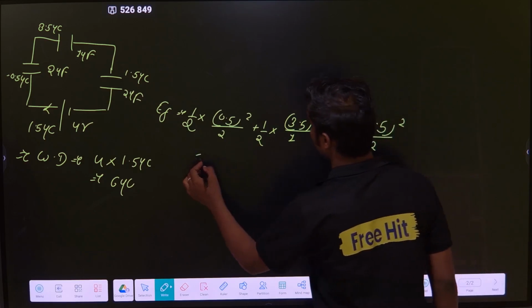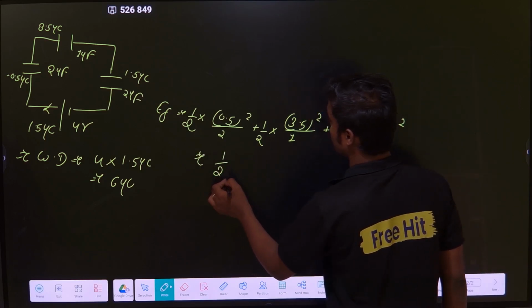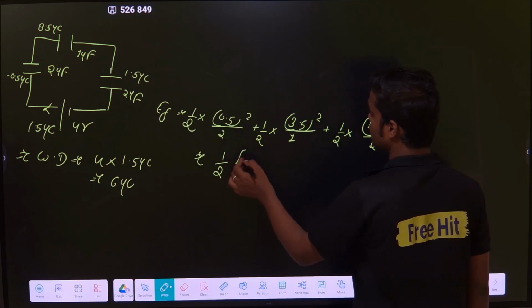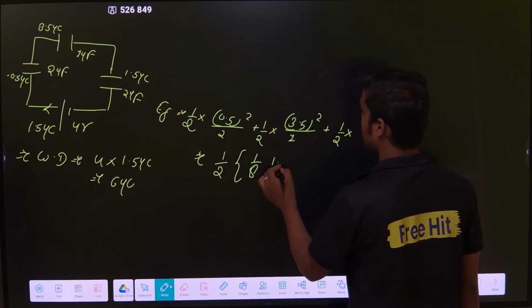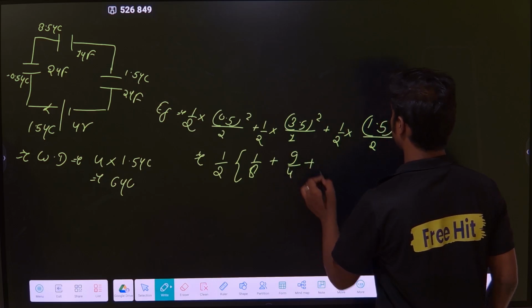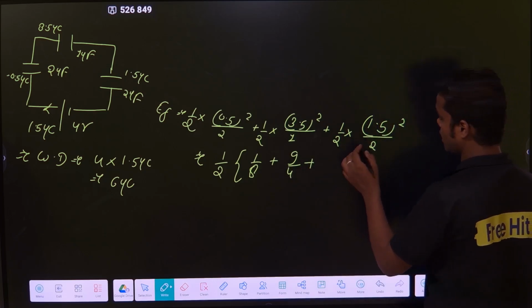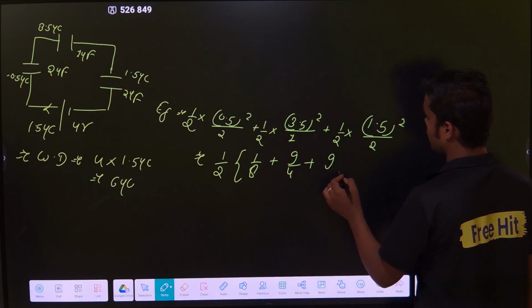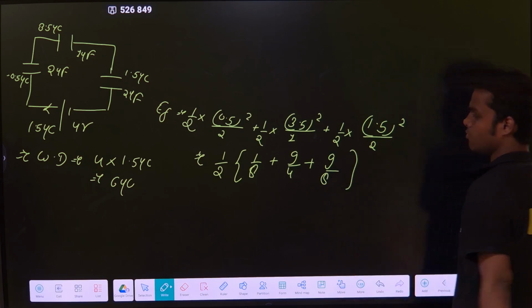What value will you get? Take 1 by 2 common, then 1 by 4, 1 by 8, correct? That is 3 by 2, that is 9 by 4, then 3 by 2, that is 9 by 4, and 9 by 8.